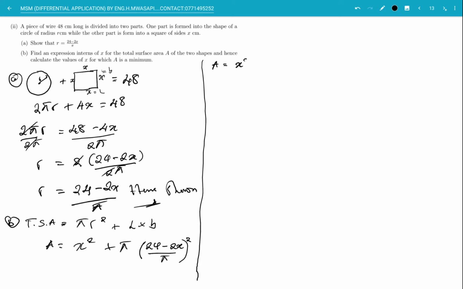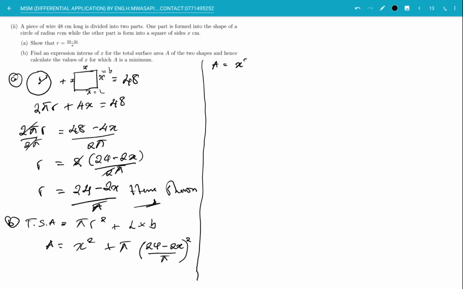And we know that when we do some simplification of this, the pi on the numerator is going to cancel out with one of the pi's in the denominator. So our expression now is x squared plus, I'm going to pull out the pi in the denominator, so that I have 1 over pi multiplied by (24 minus 2x) squared.